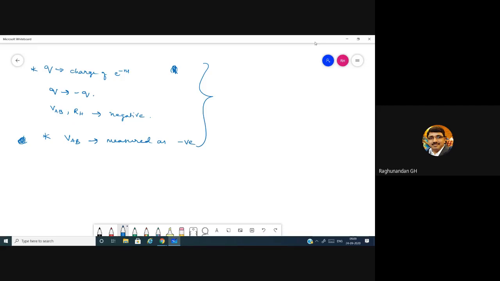The derivation is the same, and instead of P naught, you have to put N naught. N naught indicates electron concentration, while P naught indicates hole concentration. So this is about the Hall effect. This is very, very important, and I told you they will 100% ask this question in the exam.